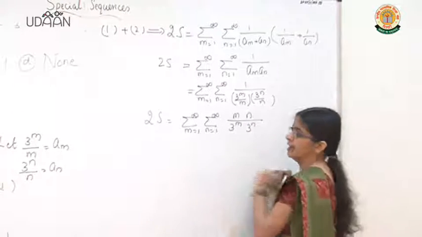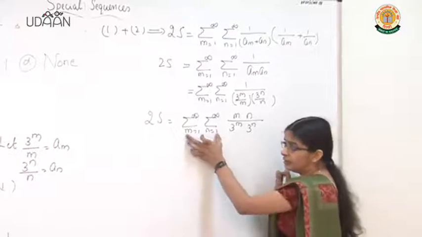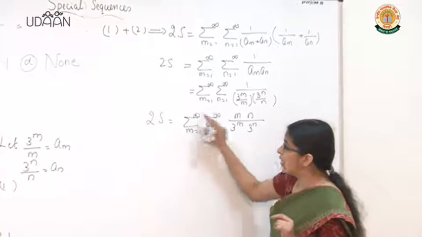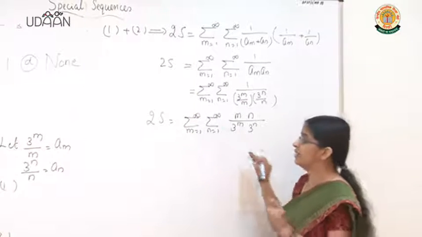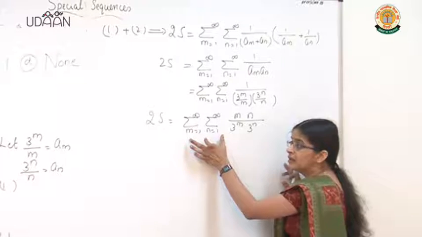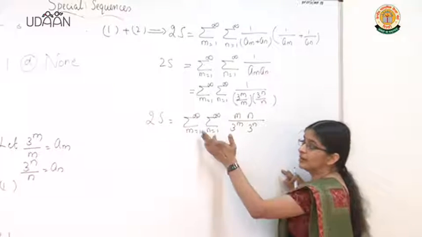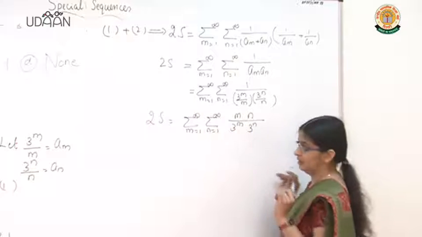Now listen carefully. Double sigma is of two types. Here m equal to 1 to infinity and n equal to 1 to infinity are given separately. That means these two sigma are independent. I am going to separate the terms here.